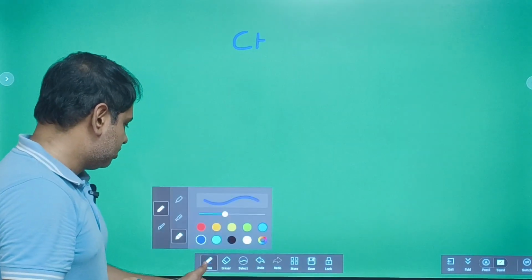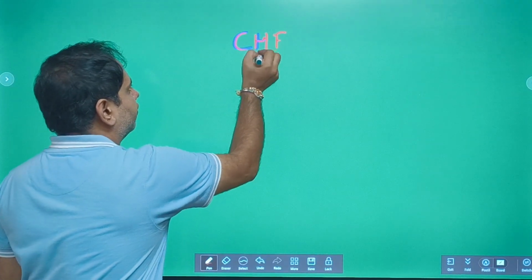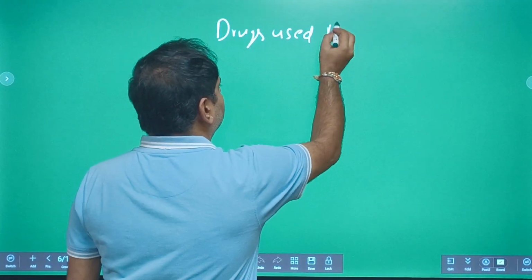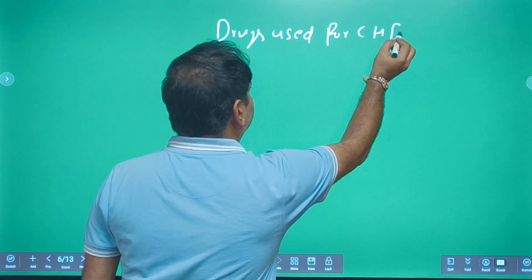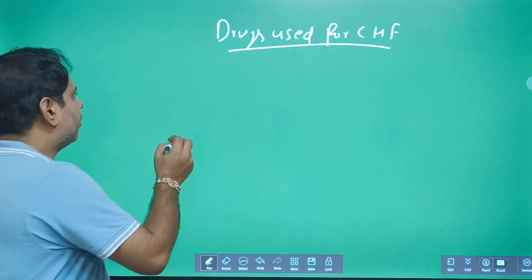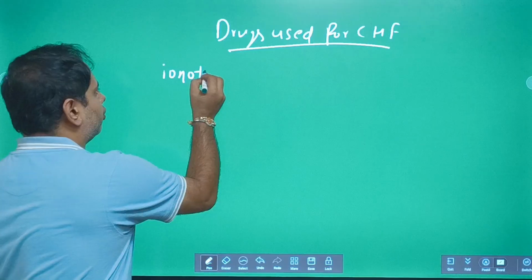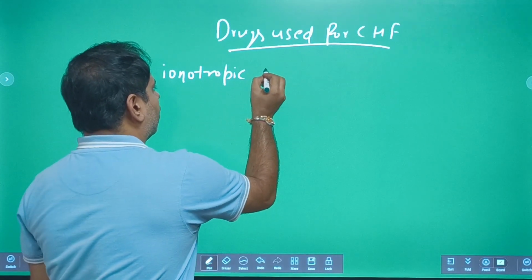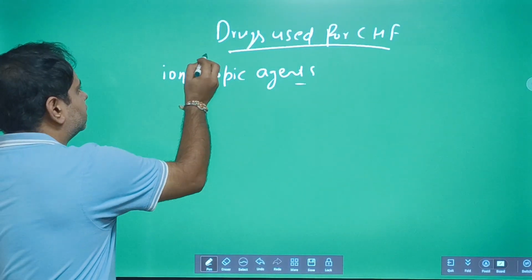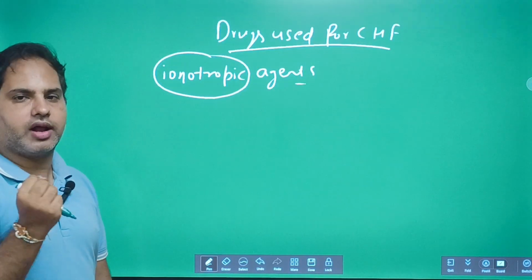So one category of the drugs which we are using is inotropic agents. Inotropic means the drugs which are going to increase the contraction of the ventricle, that we call inotropic drugs or inotropic agents.